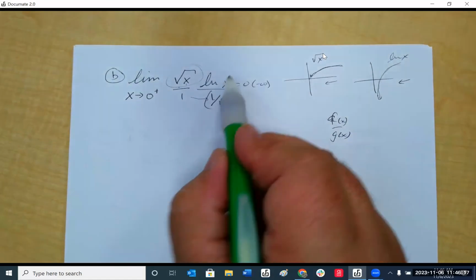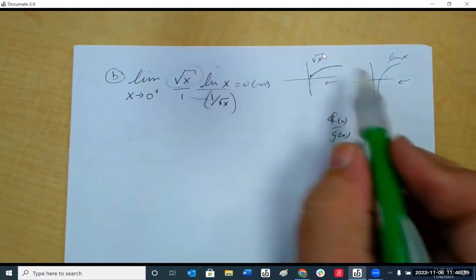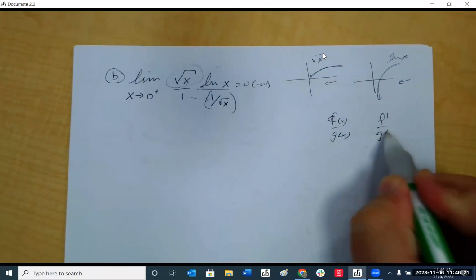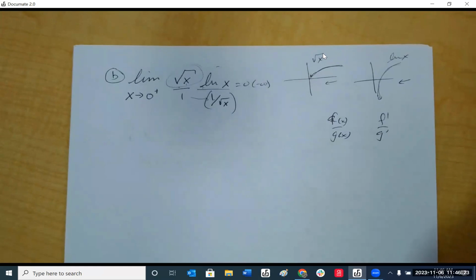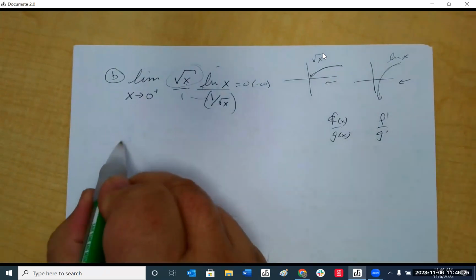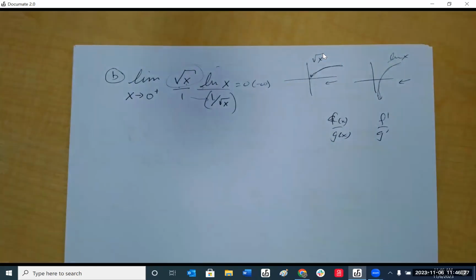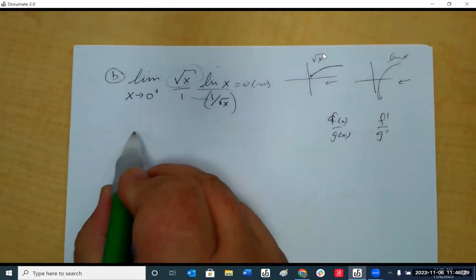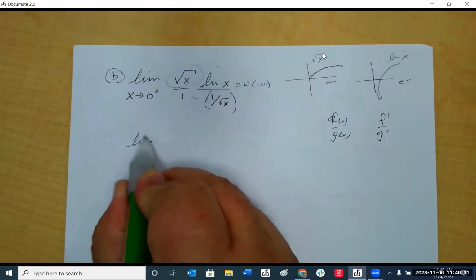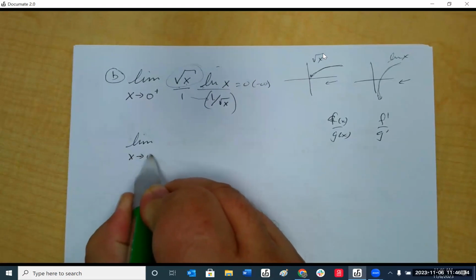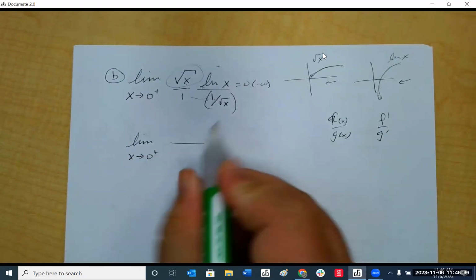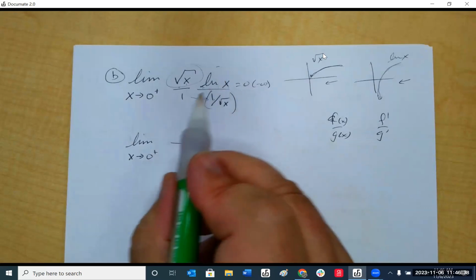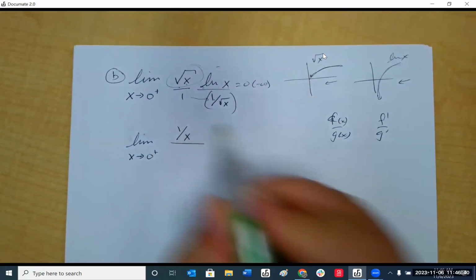Why do we do that? Because now when we have a fraction, we can do f prime over g prime. If not, then we have to use the product rule, and we don't want to use that. We're trying to use L'Hopital's rule. So the derivative of ln x is 1 over x.